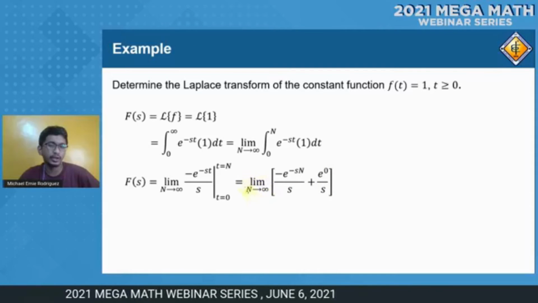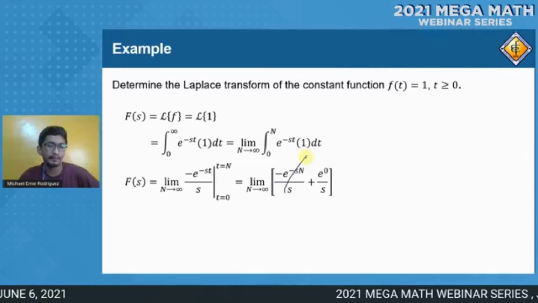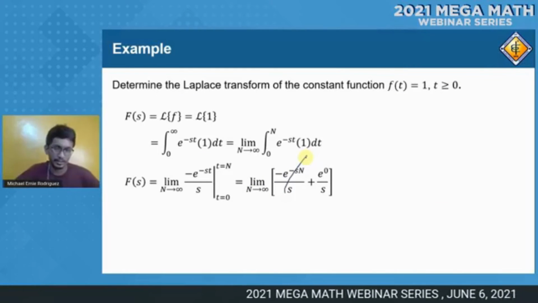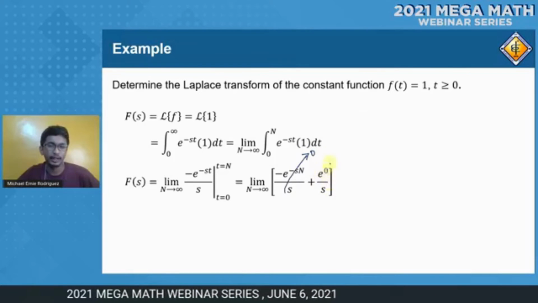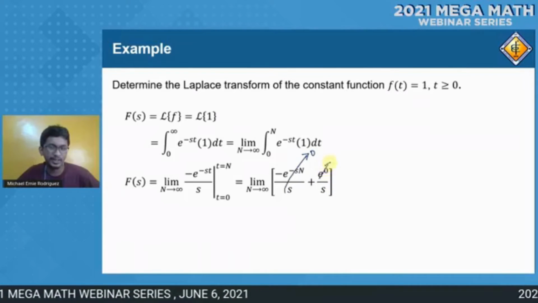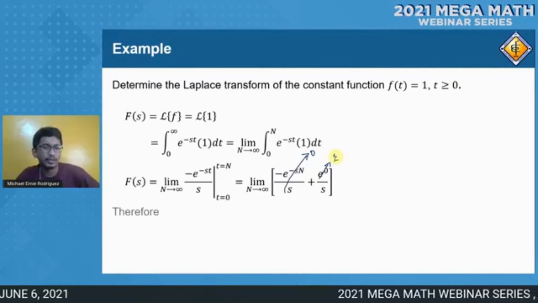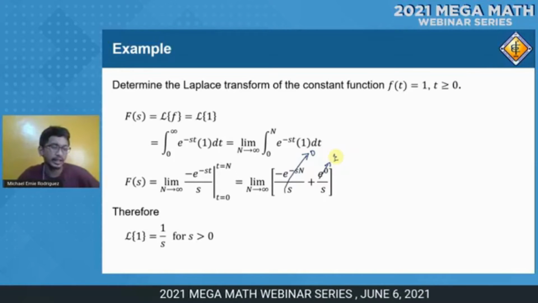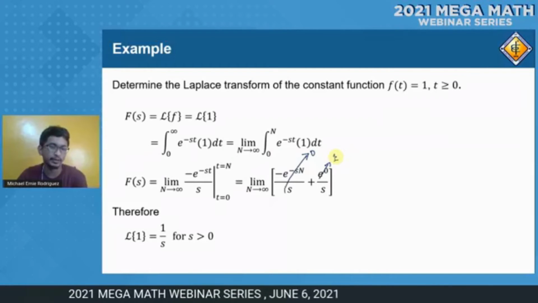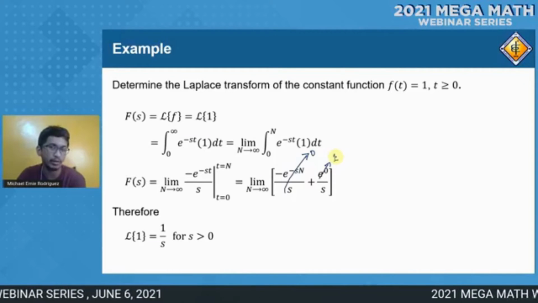Since n approaches infinity, itong negative e raised to negative sn will become 0. And then itong e raised to 0, that is 1. So therefore, your F of s, or Laplace transform of 1, is 1 over s, for s greater than 0.